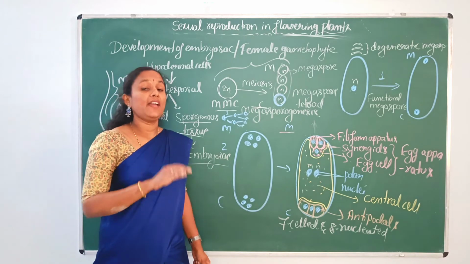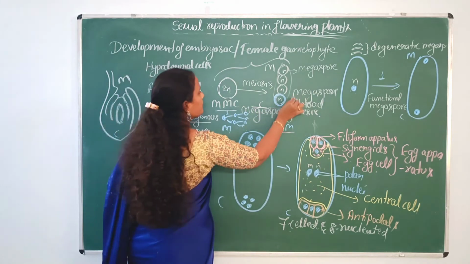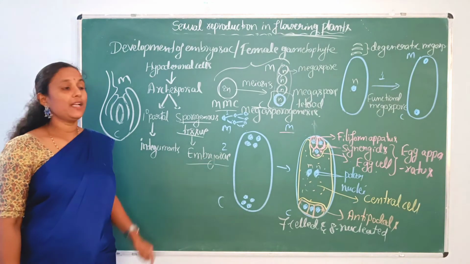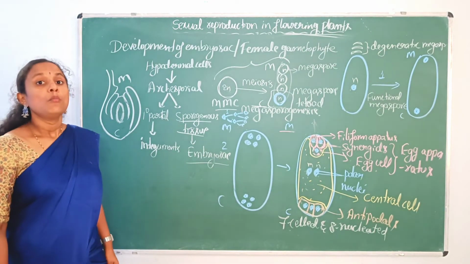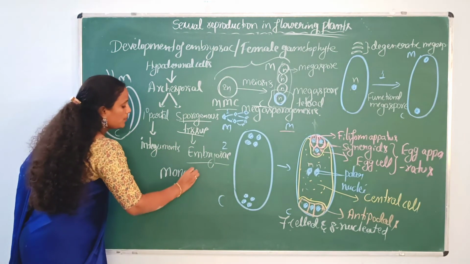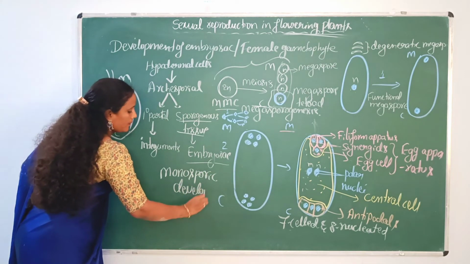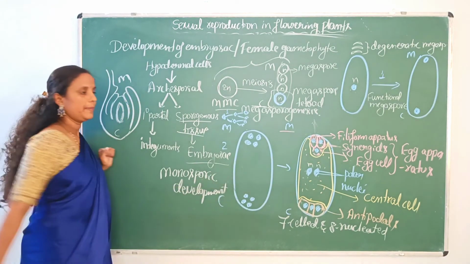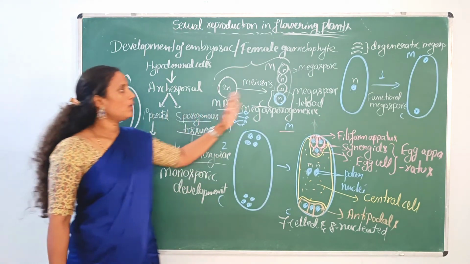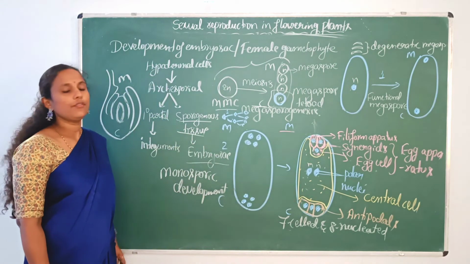And even though it is having 7 cells, it is developed from a single functional megaspore. Hence, this type of development of embryo sac is called monosporic development. Let us discuss some more types of embryo sacs, and this is the overview or total concept about the development of embryo sac.